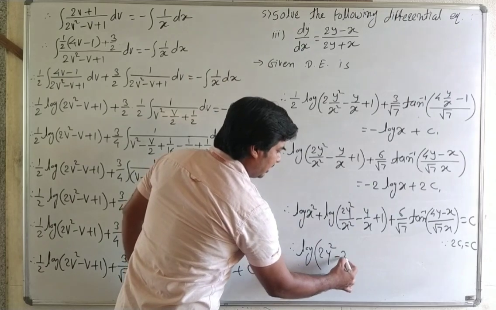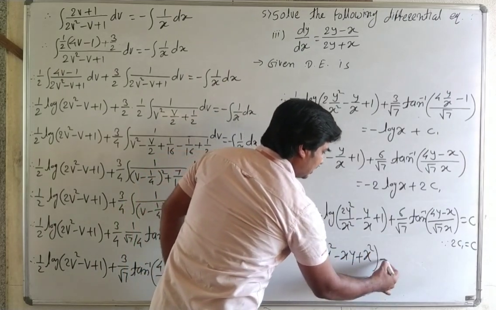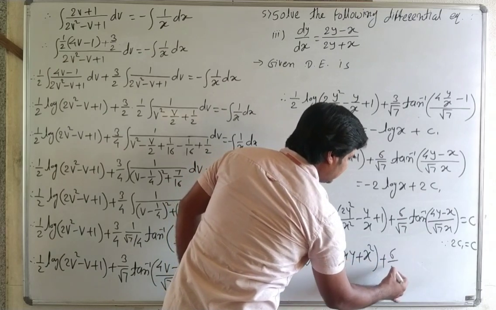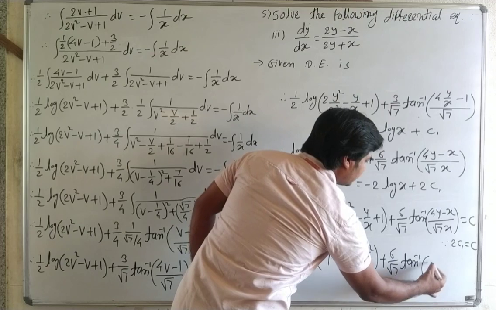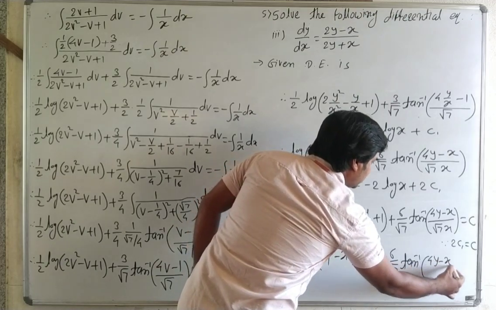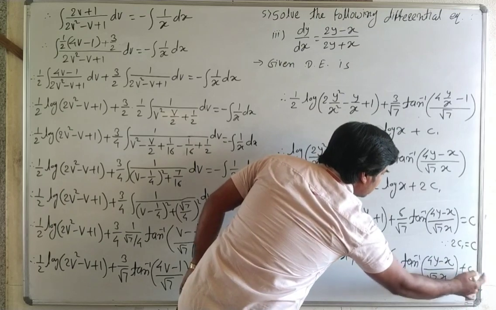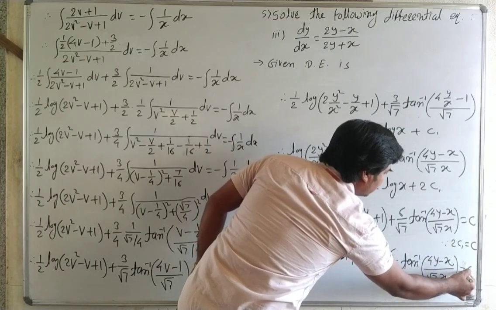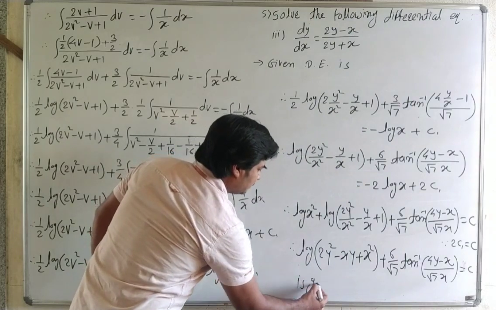When we multiply here, it is minus xy and plus x square, and plus as it is 6 under root 7 tan inverse of 4y minus x upon under root 7x, is equal to c. Okay, here is the general solution.